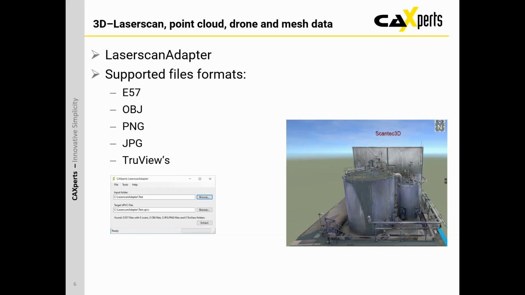And so this gives you the possibility to use complete laser scans in your UPV solution, and this can save you a lot of time and money, because it's no longer necessary to create CAD models out of laser scans.